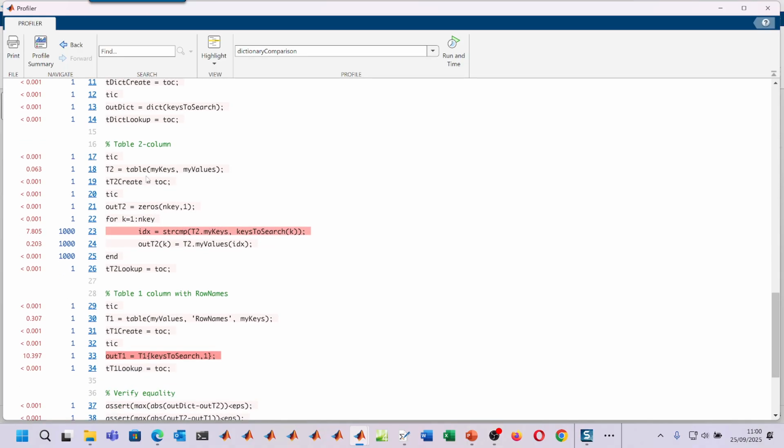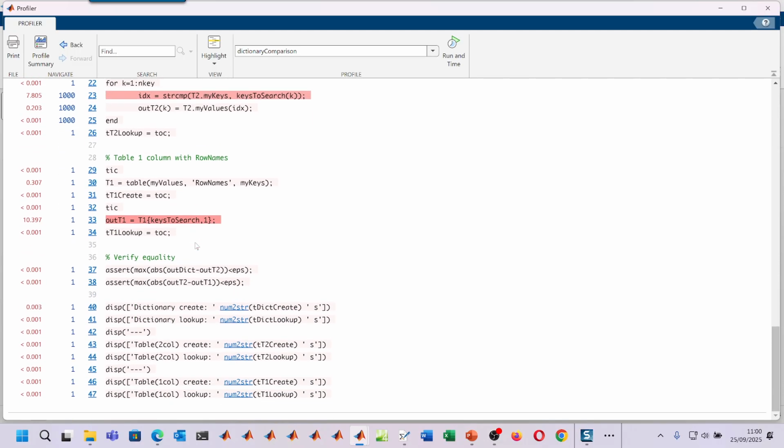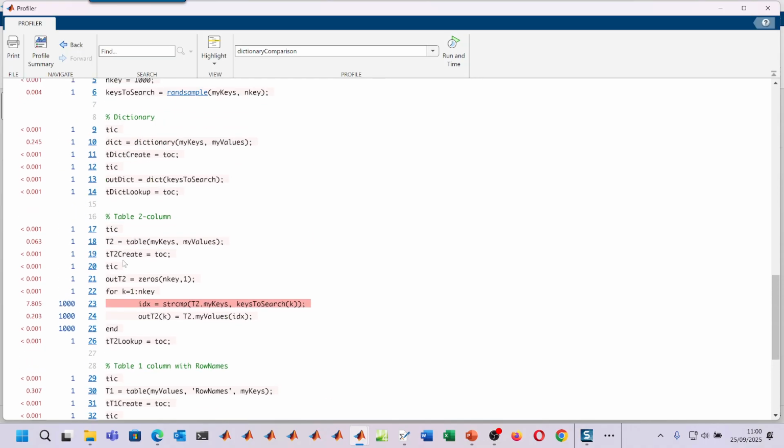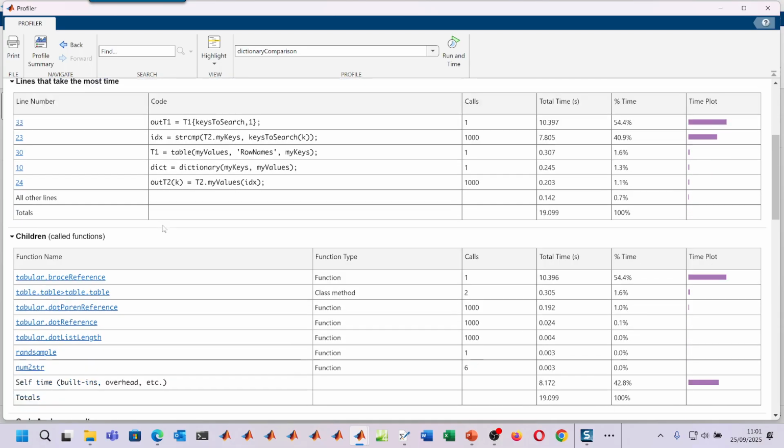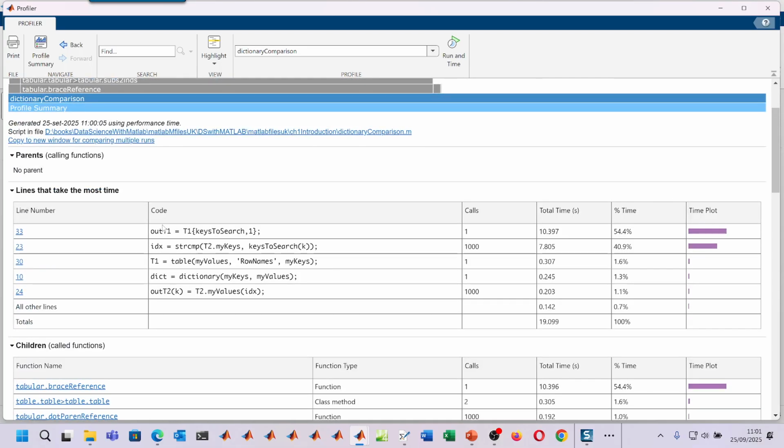On the other hand, if there is a table and then you have to search for these keys, this takes much more time, and all the other instructions. So this is something which enables you to understand what your bottlenecks are. What are the instructions for which you really spend most of the time?